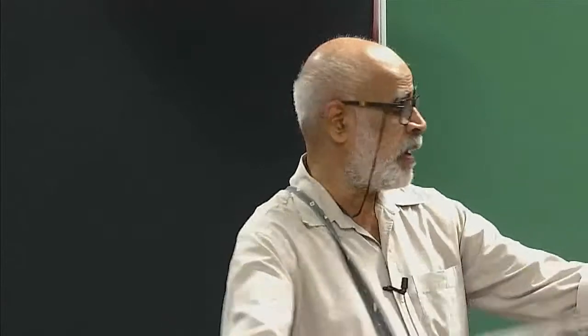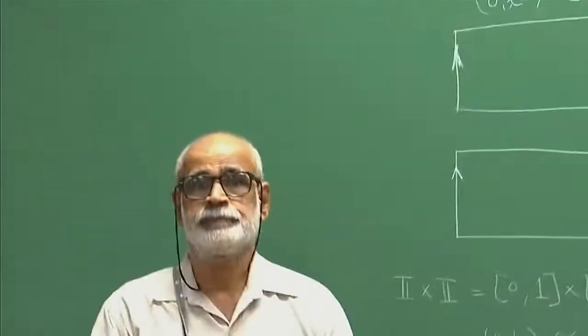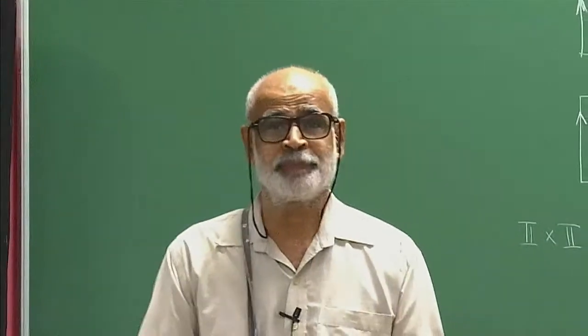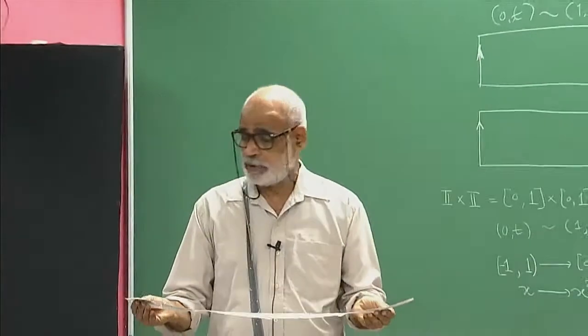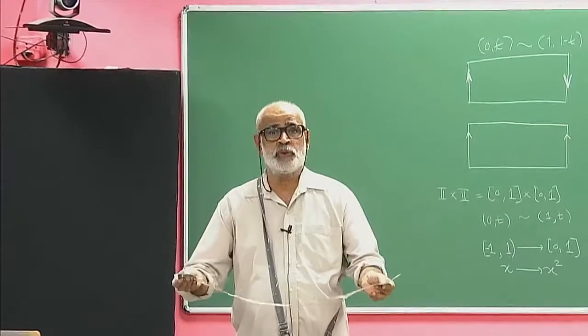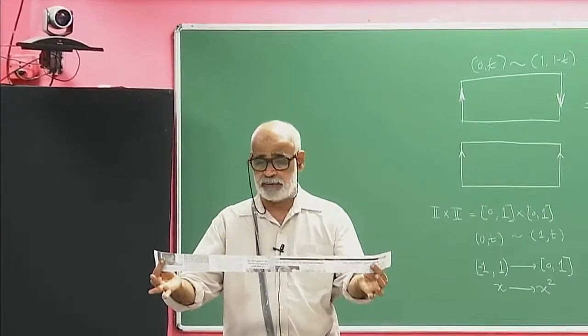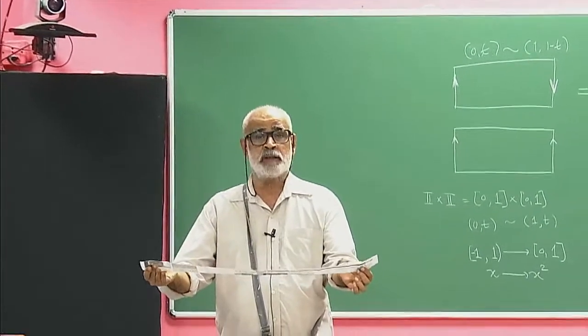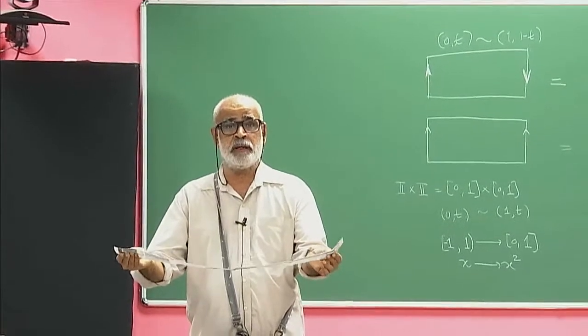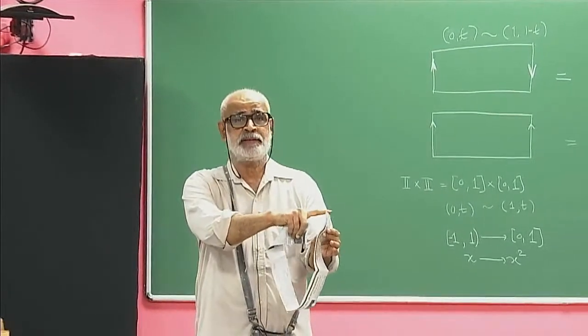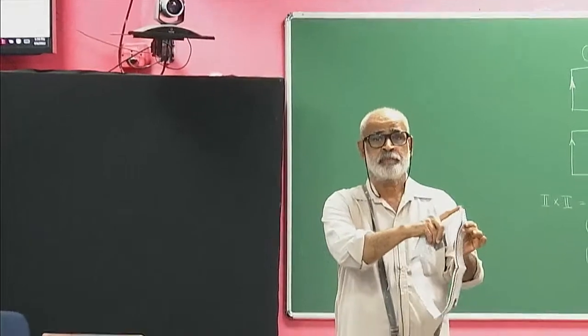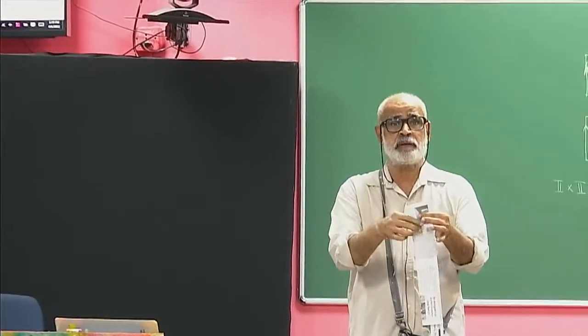This thing is a model for my rectangle, I cross I. For school children you can teach that this is a rectangle, and the quotient that I am taking is identifying this edge here with this edge here.